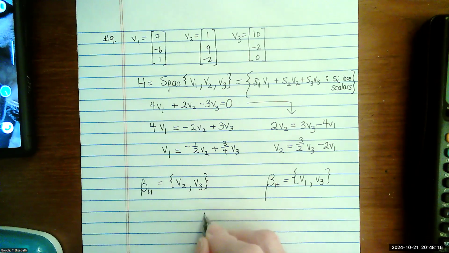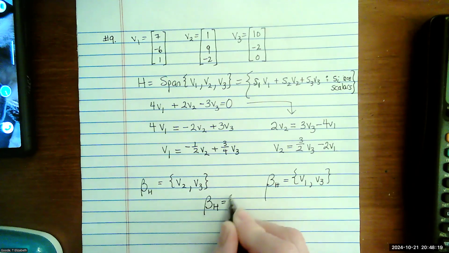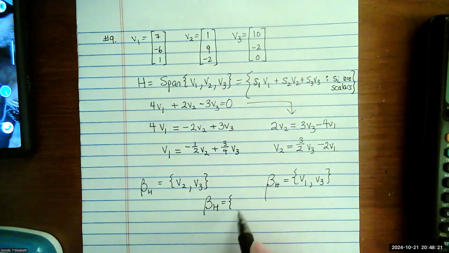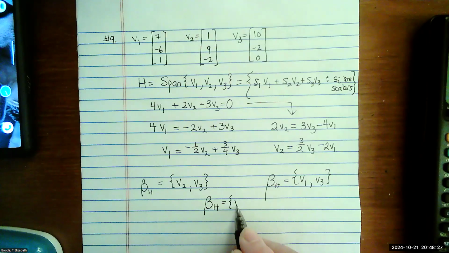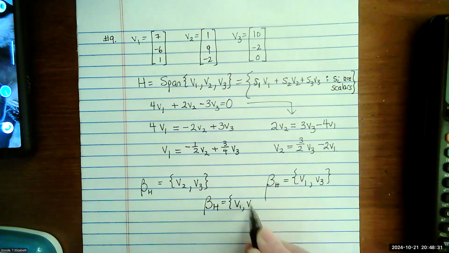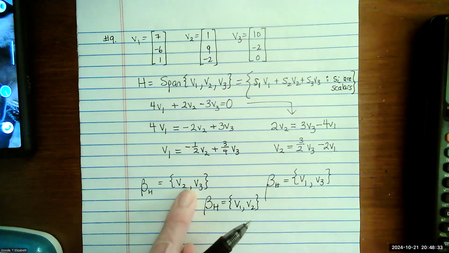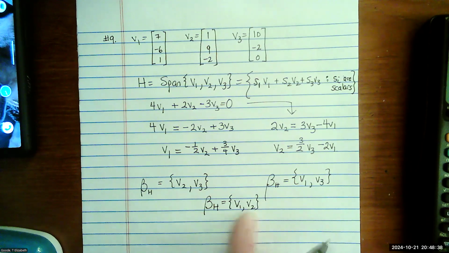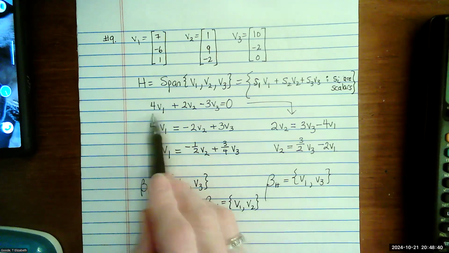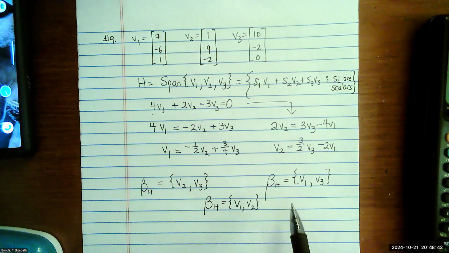Because we don't need v2 if we've got v1 and v3. We don't need v1 if we've got v2 and v3. And guess what else? What would be the other basis that we could take that would work just fine? v1, v2. See, here we didn't use v1. Here we didn't use v2. Here we don't use v3. We only need two of them, because there's this relationship between them.